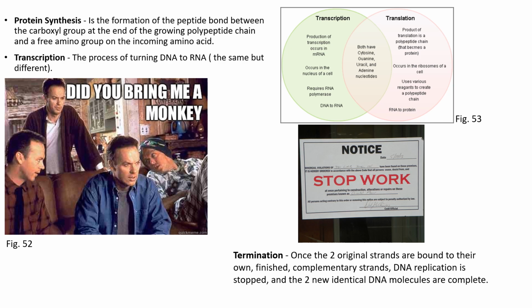So they both have cytosine, guanine, uracil, and adenine nucleotides, but translation occurs in the ribosomes, and it's RNA to a protein. Transcription is turning DNA into RNA. And then termination is when you get your two original strands of your DNA and they're bound and they're finished, then the body stops the process.